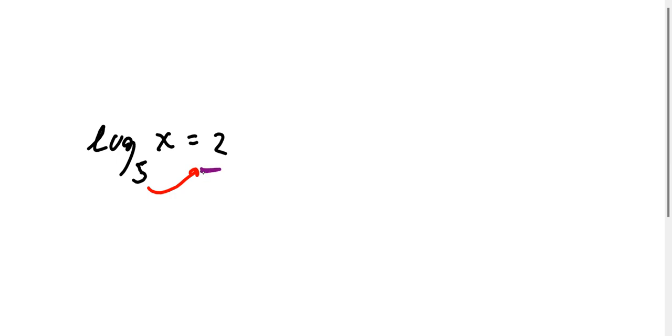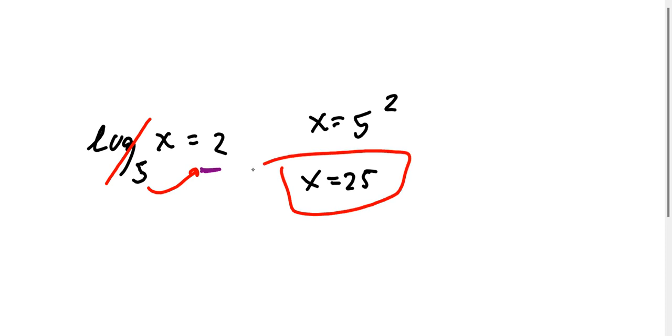So this 5 is going to go over, and the log is going to cancel. So x is going to equal the 5 below, 5 squared. And 5 squared is 25. So we know that x equals 25. So that's the solution there.